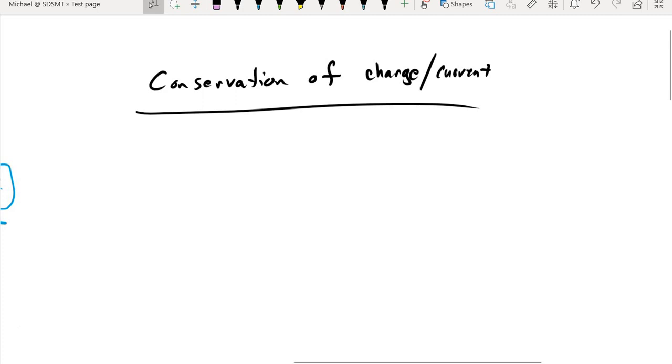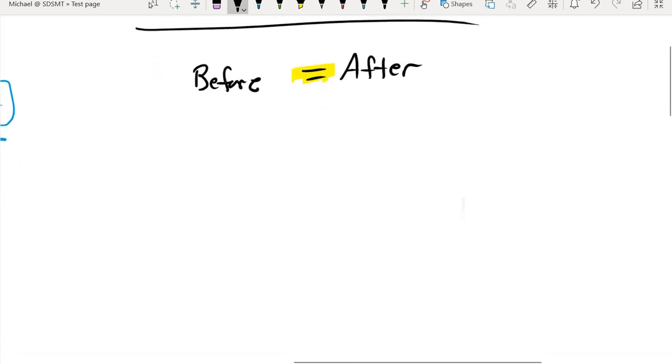And the reason we have all those expressions is because if we're conserving things, then what you have before a given situation has to equal what you have after. And this means that we get to produce a mathematical expression. And once we get the math, then we can actually do some stuff.